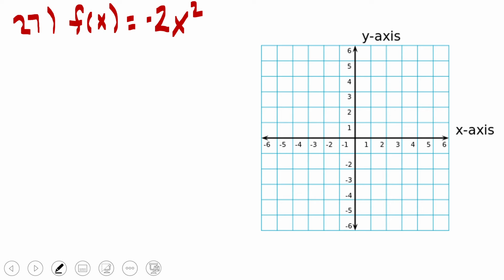So if we start by plotting our points from an x and y t-chart, we could hover around 0 for input x at -2, -1, 0, 1, and 2. And at -2, y would be -8.